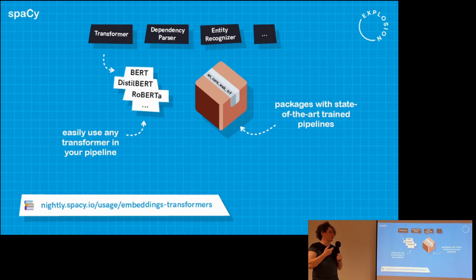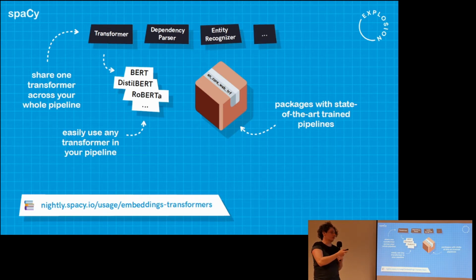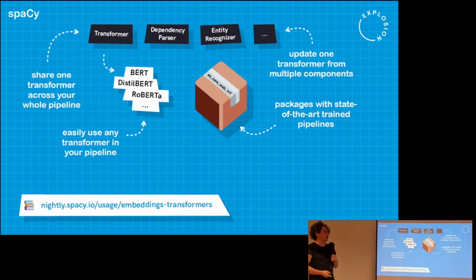This really allows us to distribute pre-trained pipelines that make use of this technology and bring spaCy's accuracy performance close to the current state of the art, and in some cases actually a little bit higher. So as I said, the sharing of the one transformer is a really key feature for this.